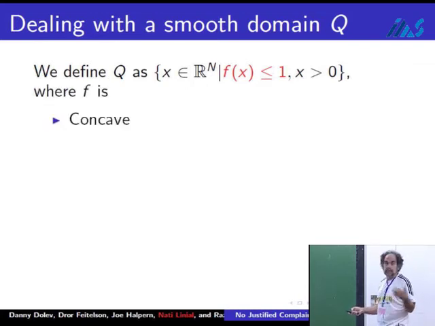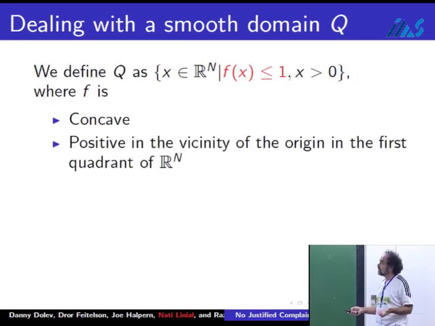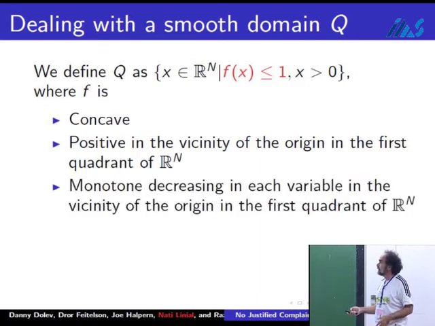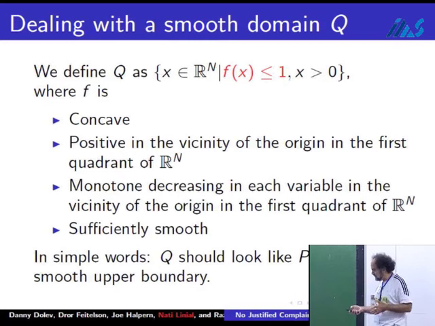I just want to more or less mimic the same things that I had in the original problem. It has to be concave, it has to be positive in the vicinity of the origin of Rn in the first quadrant. It has to be monotone decreasing in each variable and sufficiently smooth. But don't worry about this. This is really what I'm saying here. I want P to look exactly like Q, except to have a smooth upper boundary.